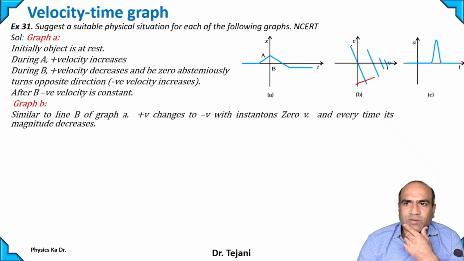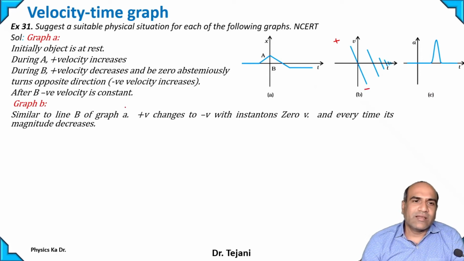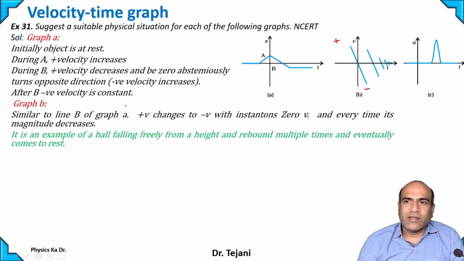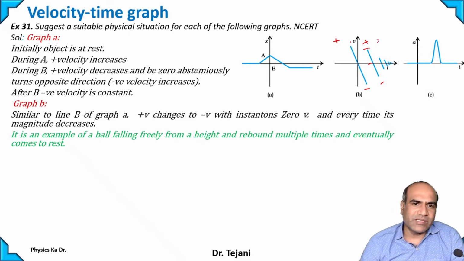From positive velocity, velocity becomes 0, and then negative. Then again the magnitude reduces: positive velocity, 0, negative, and continuously the magnitude reduces, right?